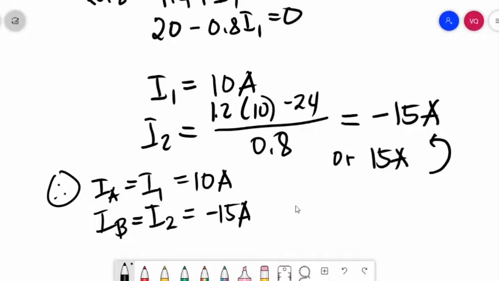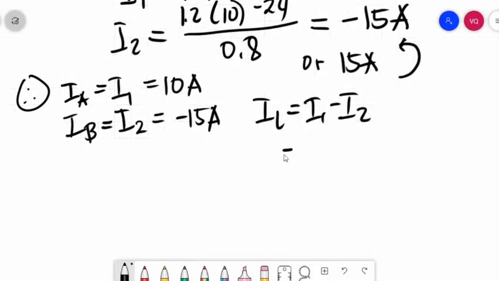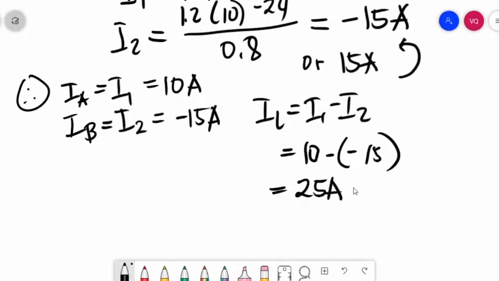Now, our IL is equal to the difference of loop currents I1 and I2. Okay? So, I1 is 10 minus negative 15 is equal to 25 amperes.